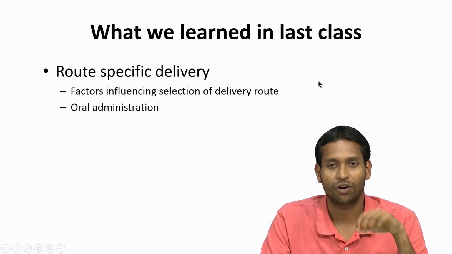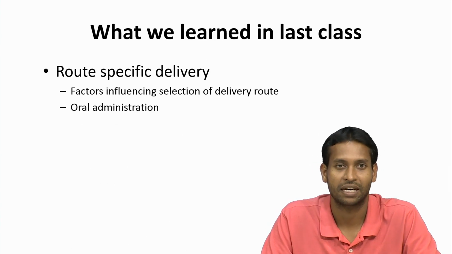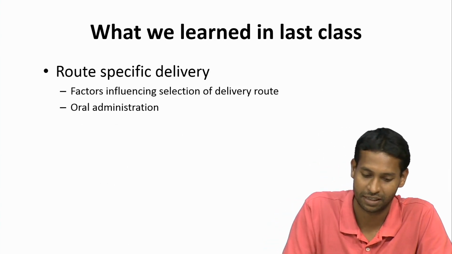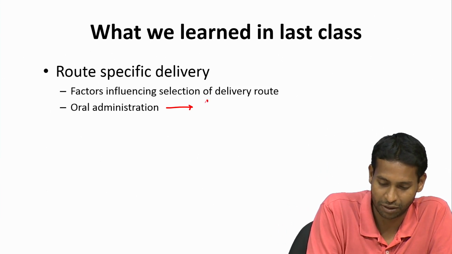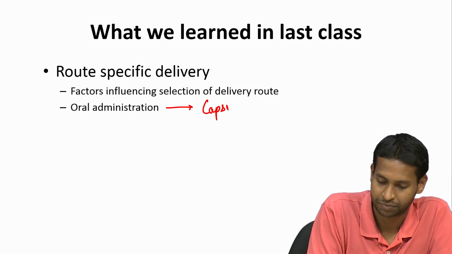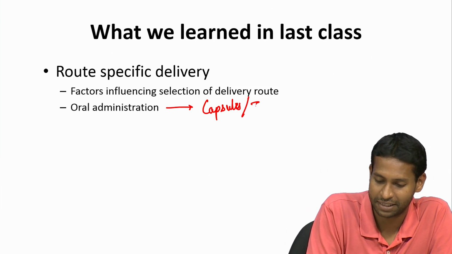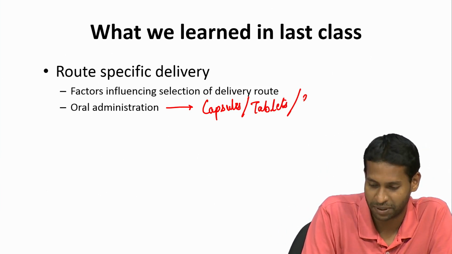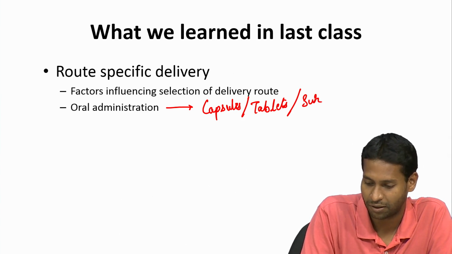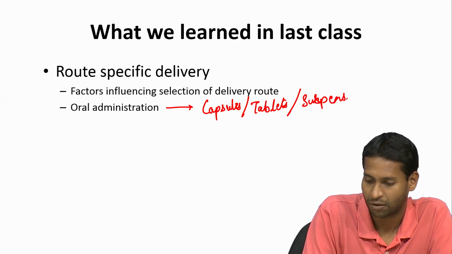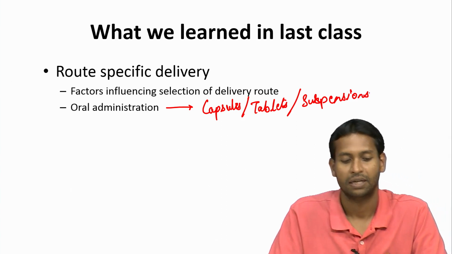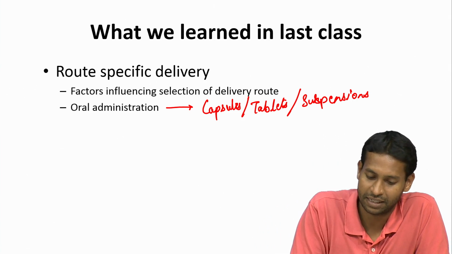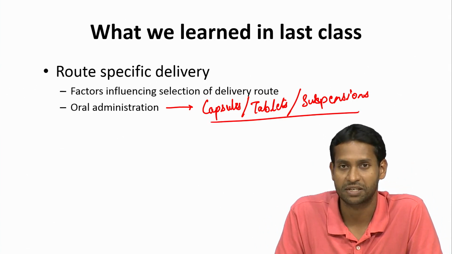Then we focused on oral administration first, and we talked about some of the traditional ways in which oral delivery is done. So, these could include capsules and tablets, and also suspensions such as your cough syrups and all. And then we talked about that these manufacturing processes are well established.